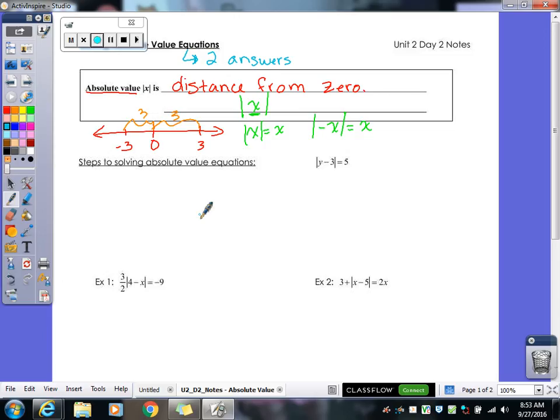So when we are solving our equations down here, first thing we need to do is isolate the absolute value. So that means anything that's with it on the outside of the absolute value bars, you've got to make sure it gets moved over to the other side. So anything that needs to get subtracted or multiplied needs to be dealt with first. Then you're going to create two equations.